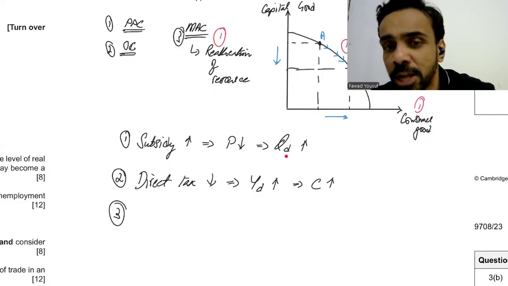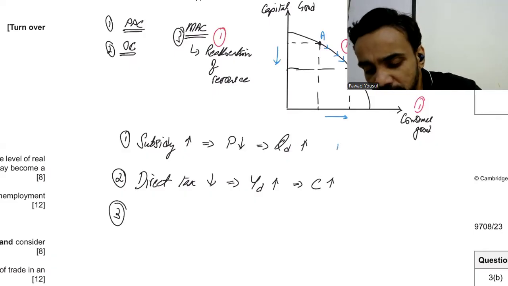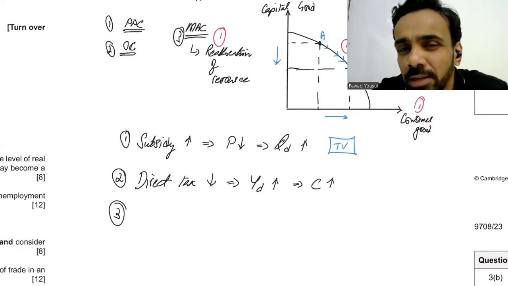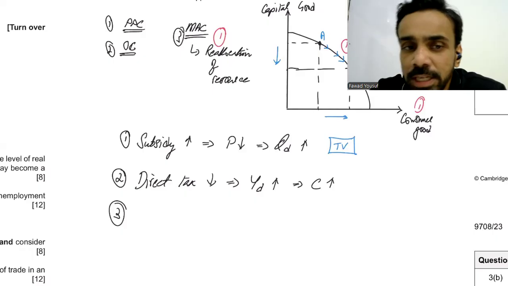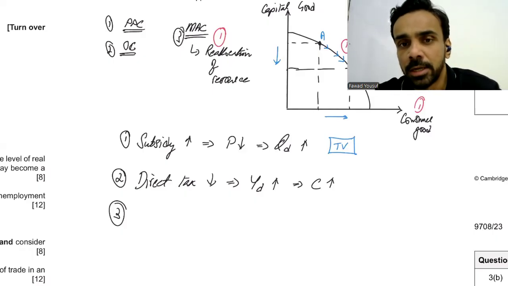If you don't finish that, we're going to write next to your answer TV and we will not give you the mark, which means too vague, it's not connecting the whole chain. So now connecting the whole chain is an important thing to do.